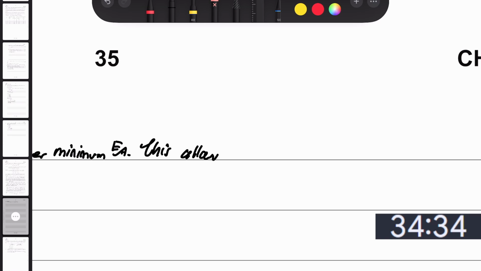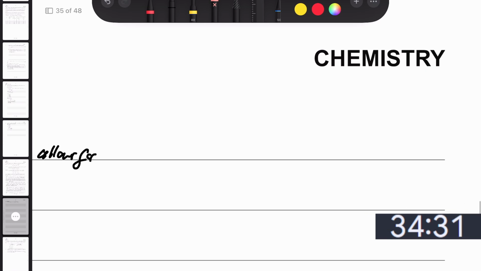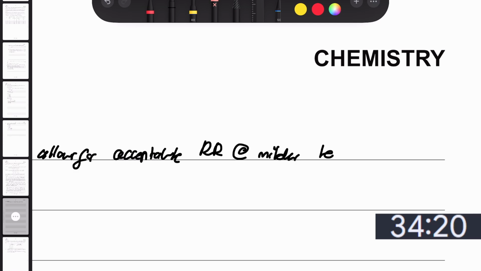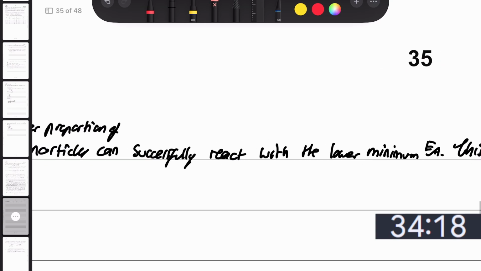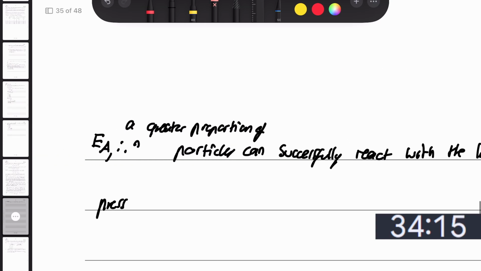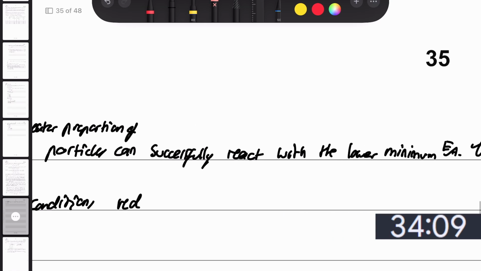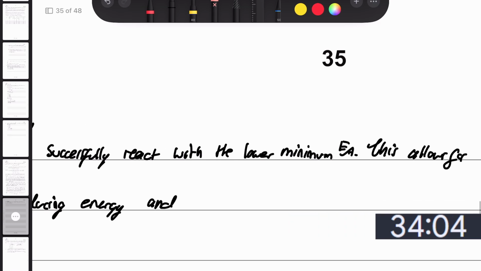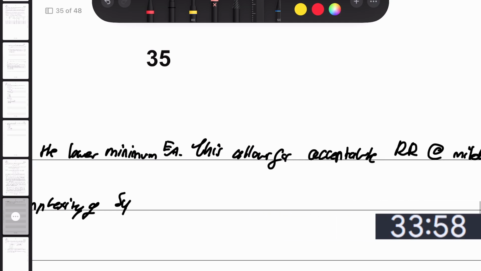This allows for acceptable reaction rate at milder temp and pressure conditions, reducing energy and complexity of system, therefore reducing costs.